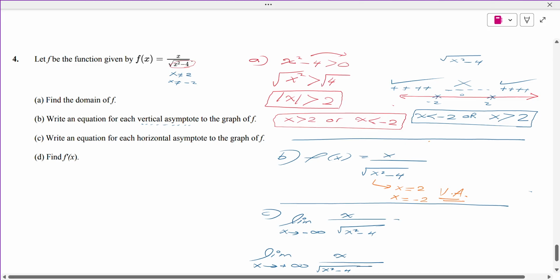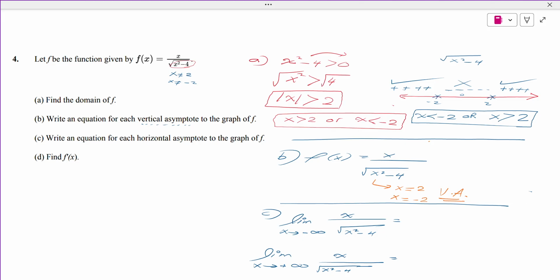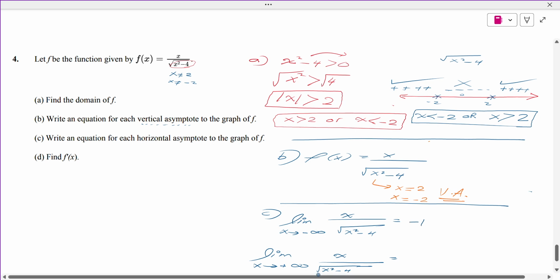So you need to find what these two limits equal. The first one, when x approaches negative infinity, will be minus 1, and when x approaches positive infinity, it will be 1. So there are two horizontal asymptotes.